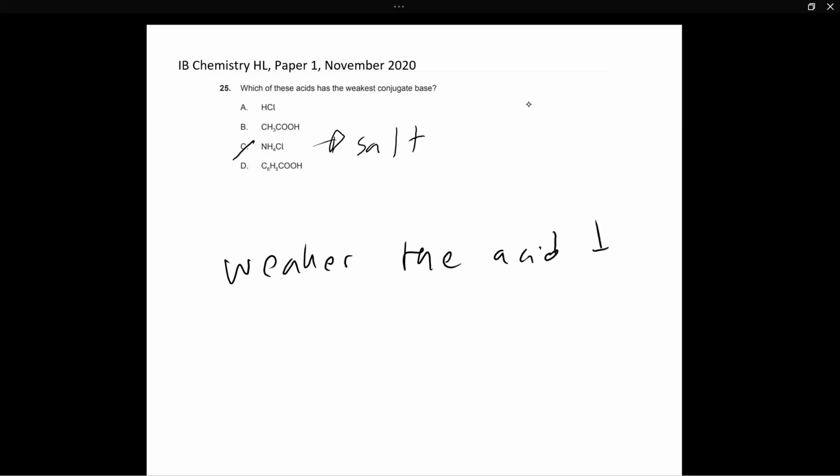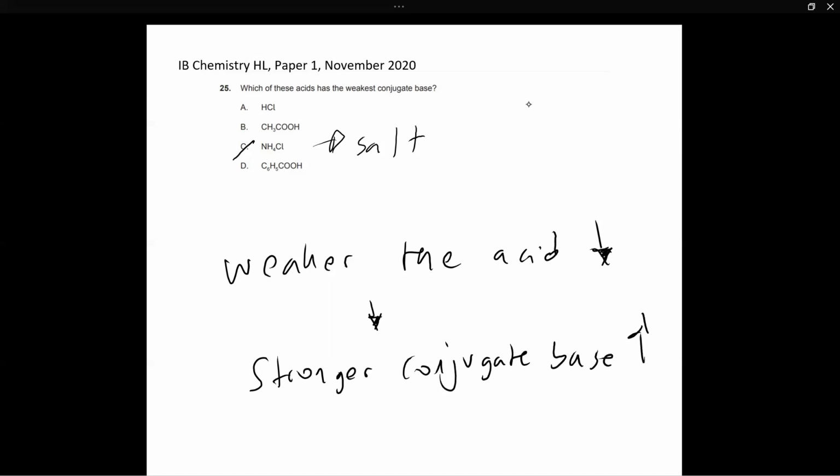I'm just going to put a down sign over here to show that it's weak. And vice versa: the stronger the acid, the weaker the conjugate base.